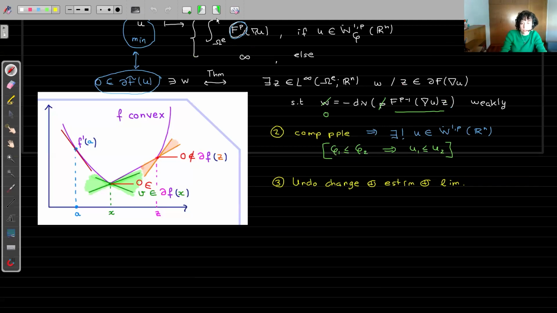Here in the sketch, after undoing the change, I have b bigger or equal than 0.